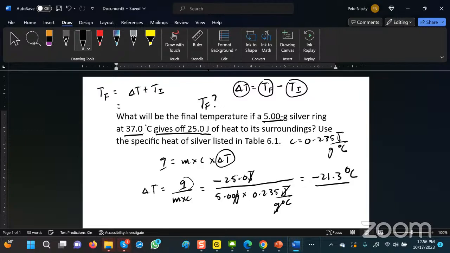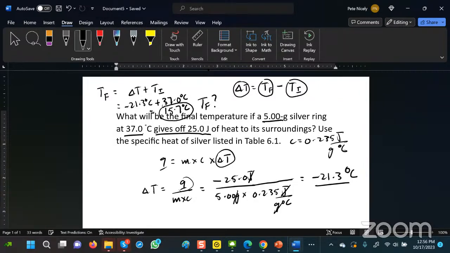Now, delta T is minus 21.3 degrees Celsius, and the initial temperature is 37.0 degrees Celsius. So when we work that out, 37.0 minus 21.3, you're going to get 15.7 degrees Celsius. And that would be the final answer that is being asked, right?